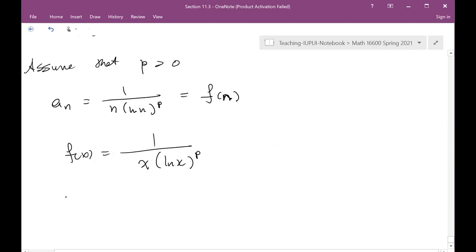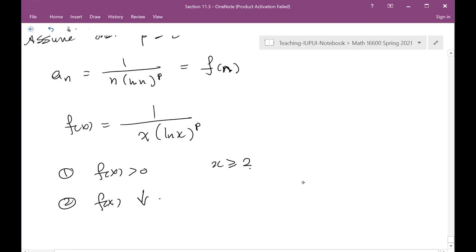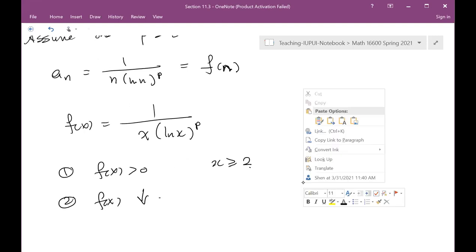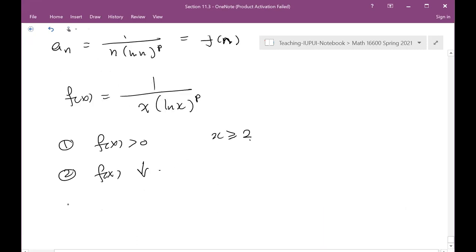Clearly this is positive for x greater than or equal to 2. Second, this is decreasing, very clear because the denominator is increasing: natural log of x to a positive power is increasing, and x is increasing. So all I need to do is check whether I can evaluate the integral.